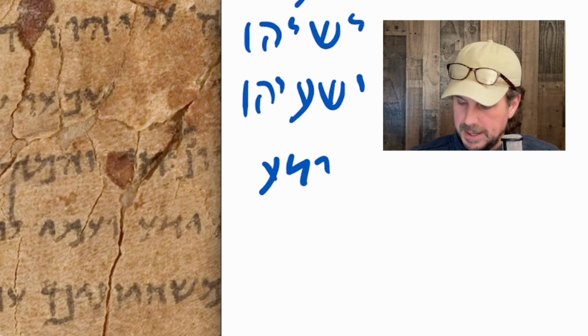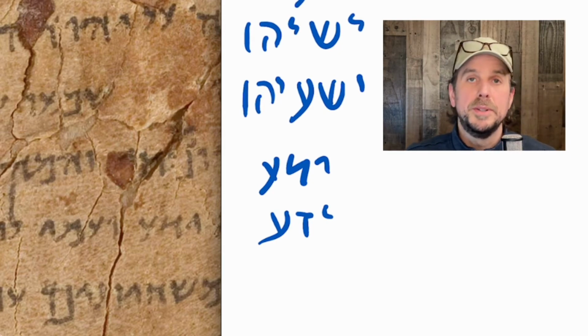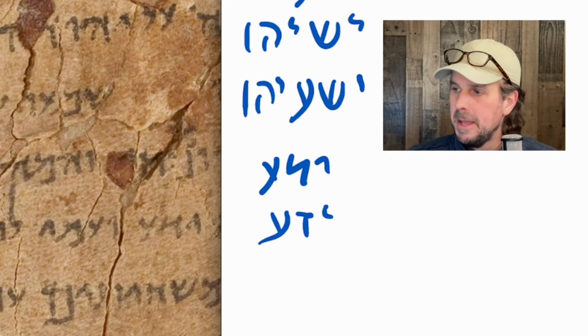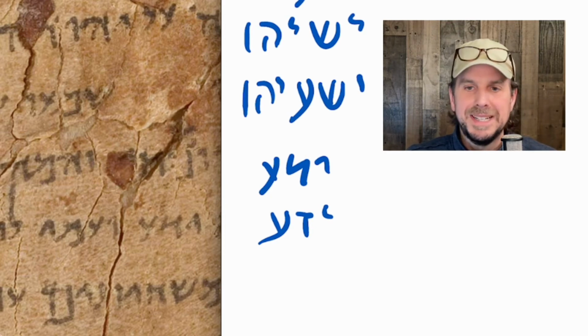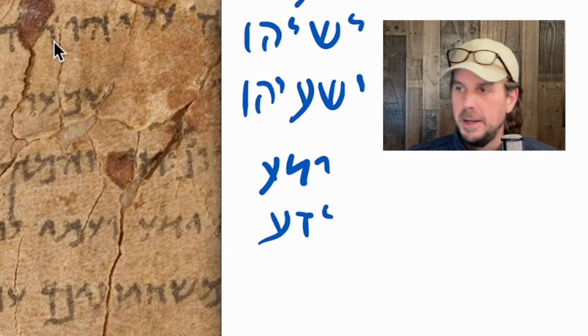And I would write that in more block script like this. Lo yada. Israel does not know. Israel does not know the Lord. That's what Israel doesn't understand. And that's, of course, the beginning of the chazon, of the visions that Isaiah prophesies.